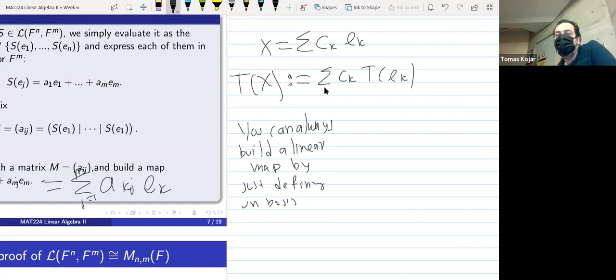Right away that is good enough, but it will be the double sum. So you have the sum over K, J of C_K and then A_{JK} E_J.